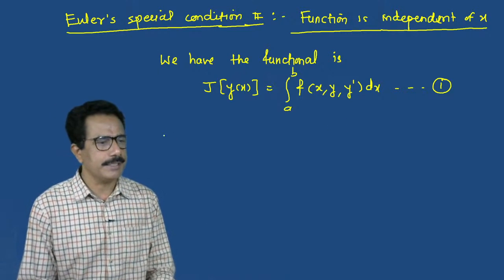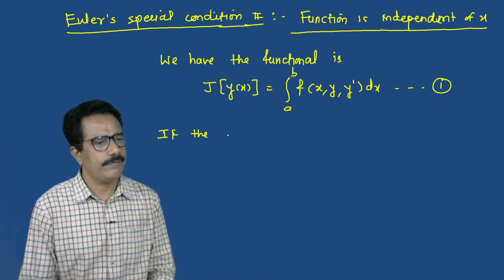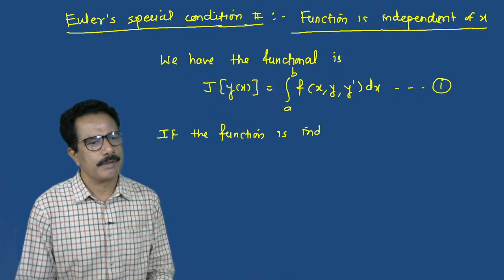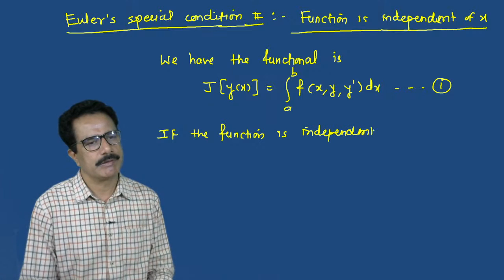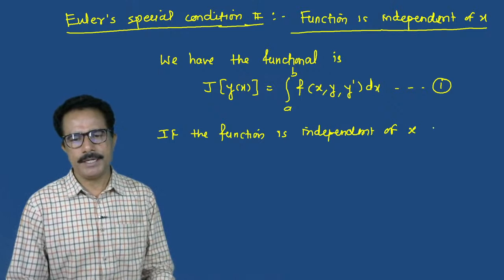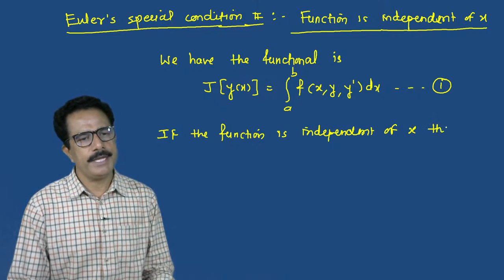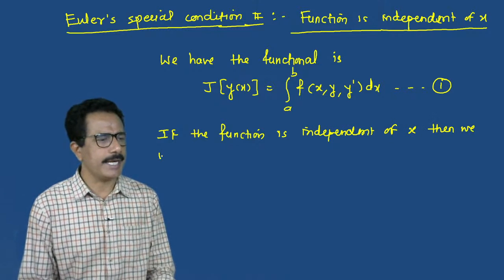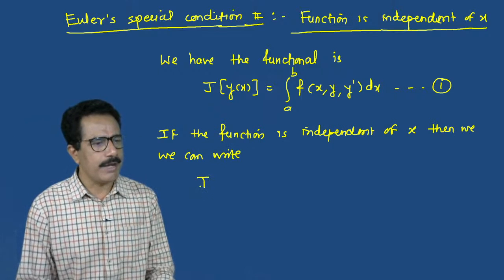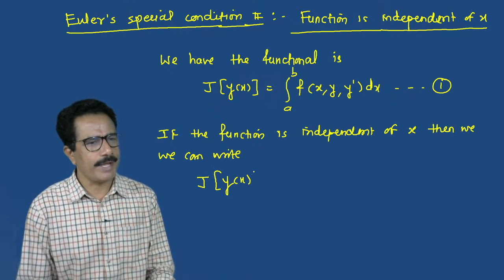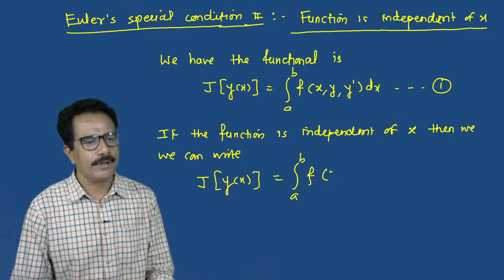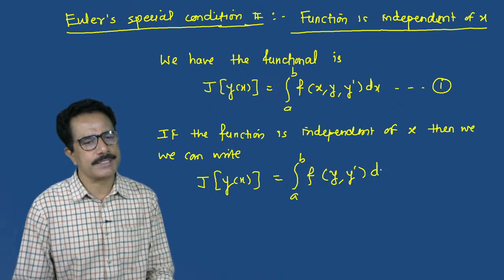If the function is independent of x, then we can write J of y of x equals the integral from a to b of f of y comma y dash dx.